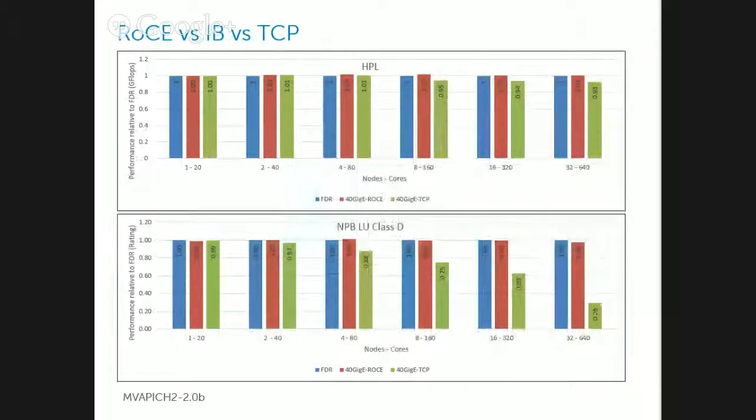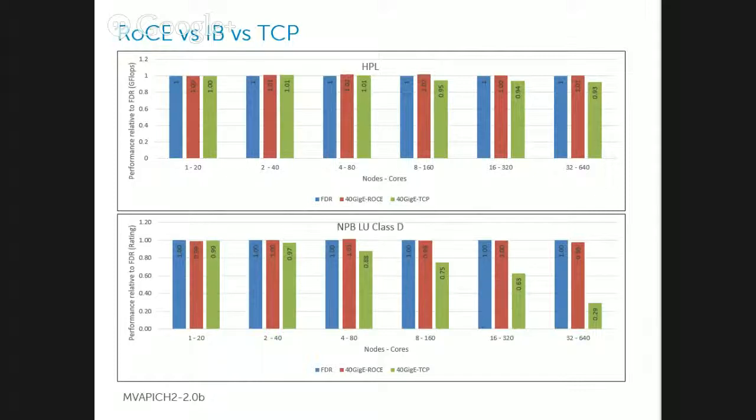We used the Mellanox ConnectX-3 cards, which allow us to use InfiniBand FDR and RoCE on the same hardware platform. And then, as I said, we used MVAPICH2 for these different applications. On these charts, you'll see the number of nodes followed by the number of processes.